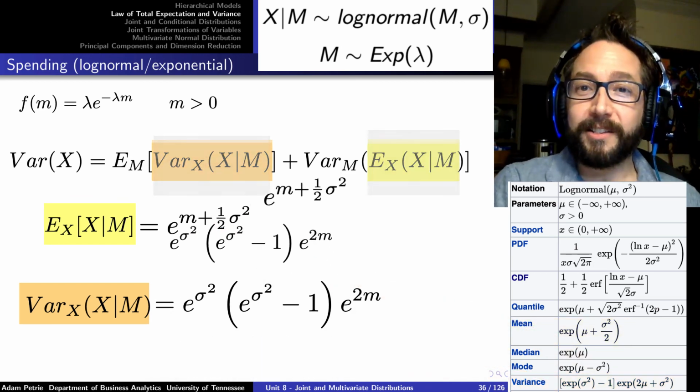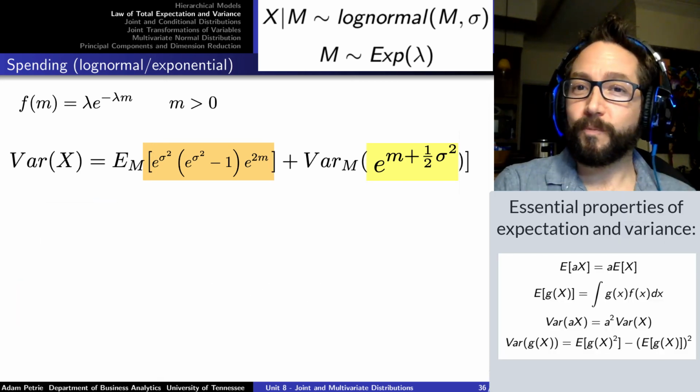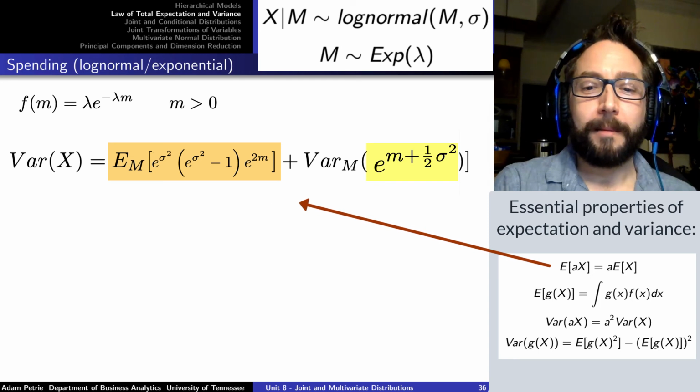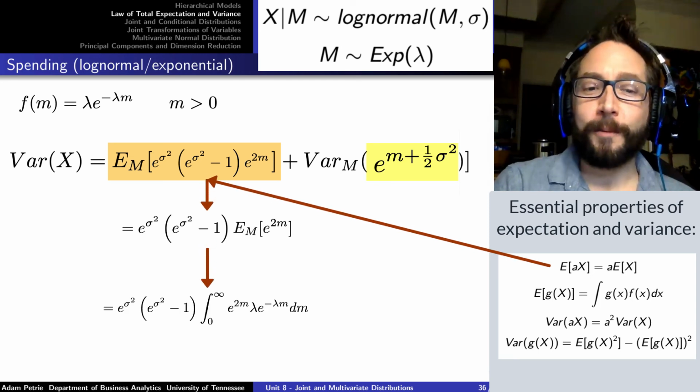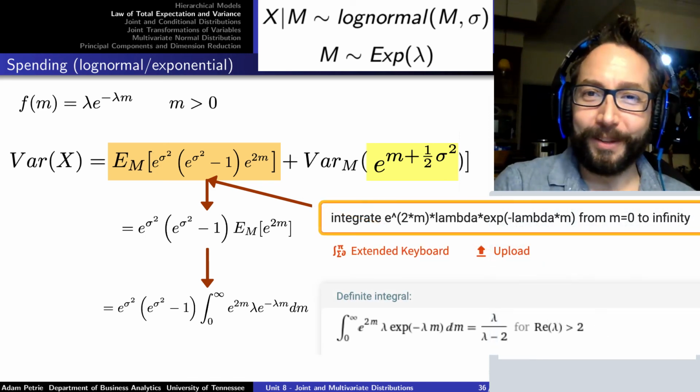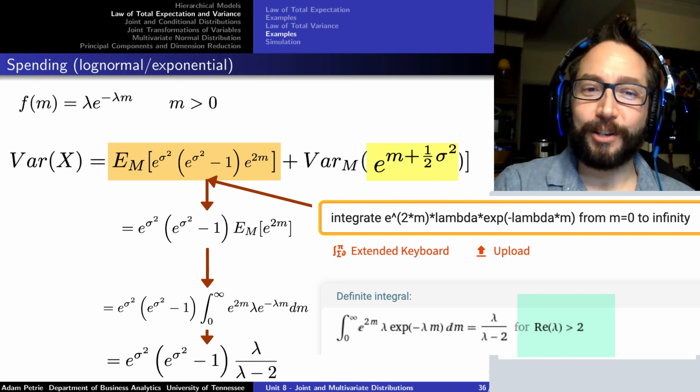The law of total variance says, let's figure out the expected value of that formula. So we transcribe that formula, multiply it by the PDF, and what Wolfram Alpha lets us know is there's a formula for that expected value, with the restriction that now lambda has to be bigger than 2.